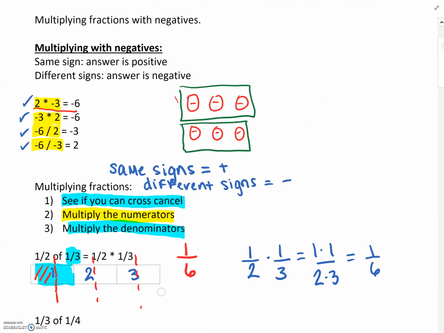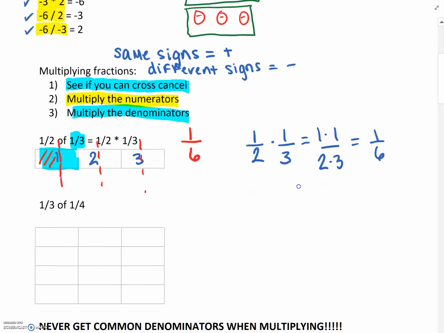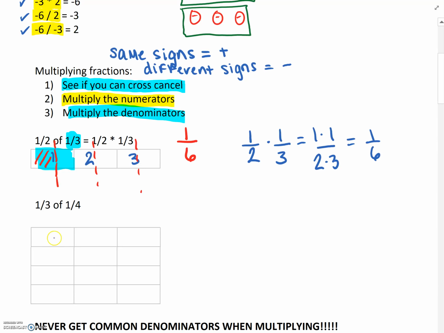So let's look at another pictorial representation. In the next picture, we have 1, 2, 3, 4, 1, 2, 3. We have 12 equal pieces. Well, we want to find 1/4 of those. So here's 1/4 because we have 1, 2, 3, 4 rows. So one row is 1/4. And then 1/3 of that would be one of these pieces, would be 1/3 of that 1/4 piece.